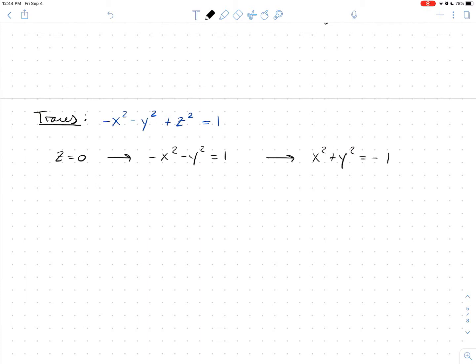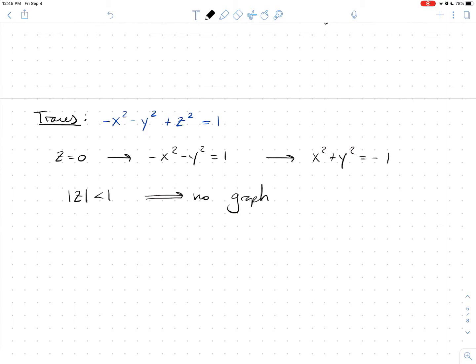The reason is that you can't have the sum of two squares being negative. It's just not possible. And in fact, that's always going to happen anytime the absolute value of z is less than 1. So absolute value of z less than 1 implies that there's no graph. So we've got to go ahead and assume that our z is at least 1.